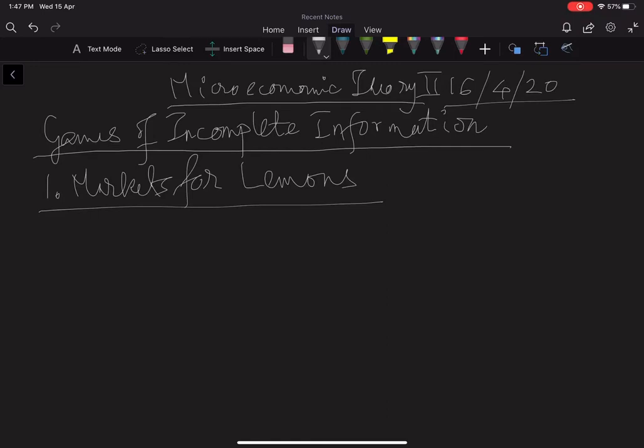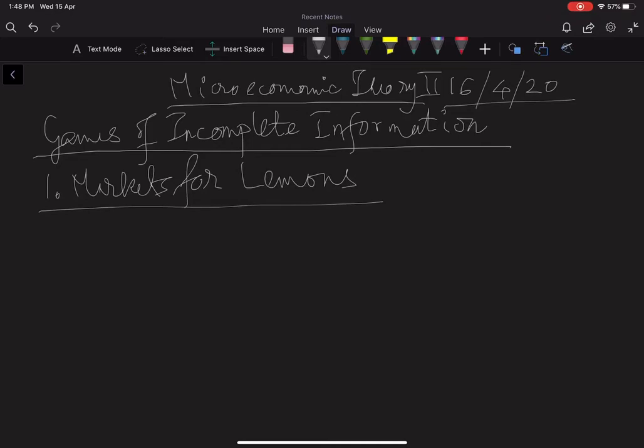The cars can be of different qualities, which is unobservable to the buyer but is observable to the seller. So the quality of the car matters to the payoff of the buyer, which the buyer doesn't have, and hence it's a model of incomplete information.